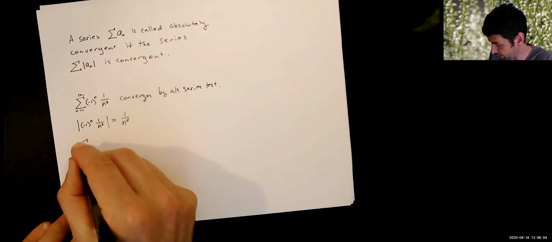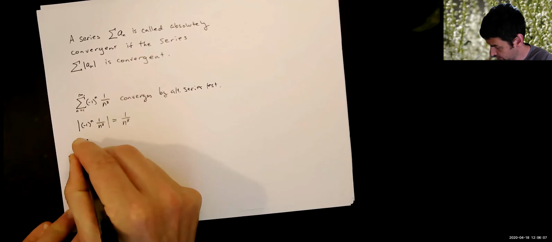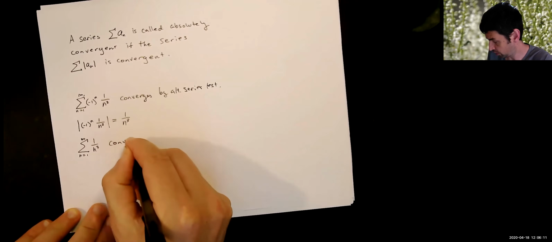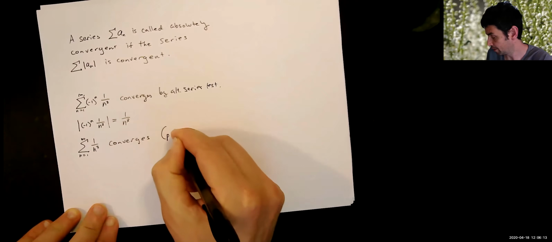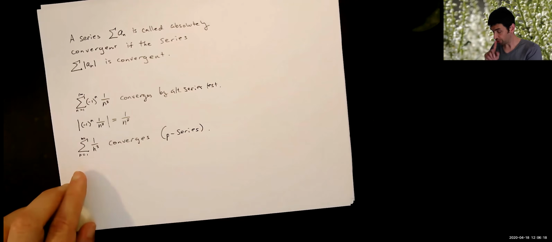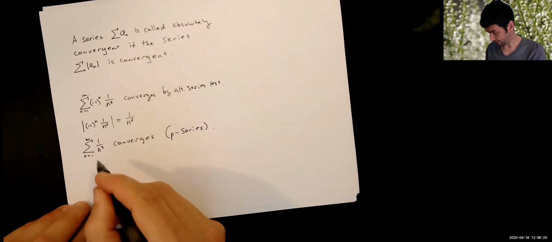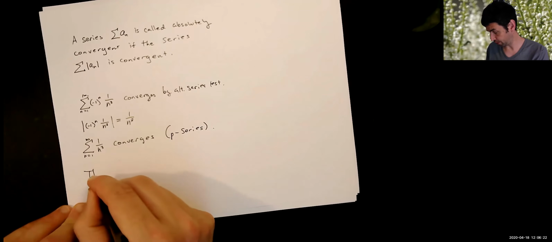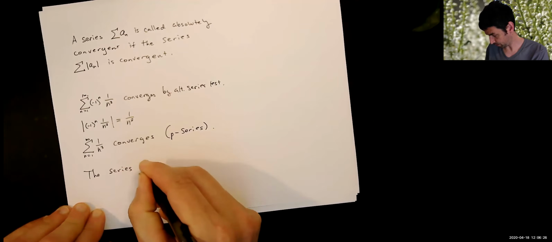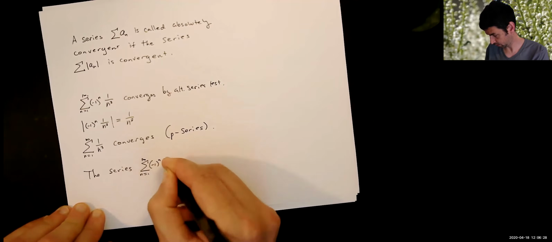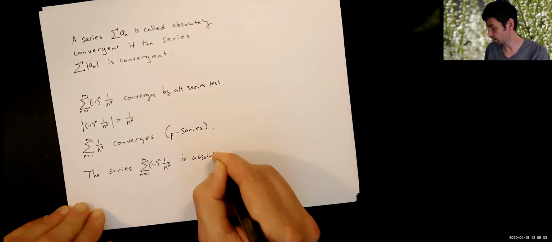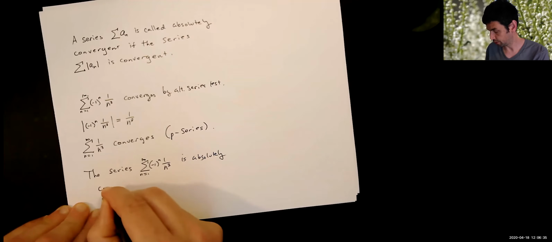And this series converges, right? It's a p series where p is greater than 1, and we know that this converges. So what we would say is that therefore the series is absolutely convergent.